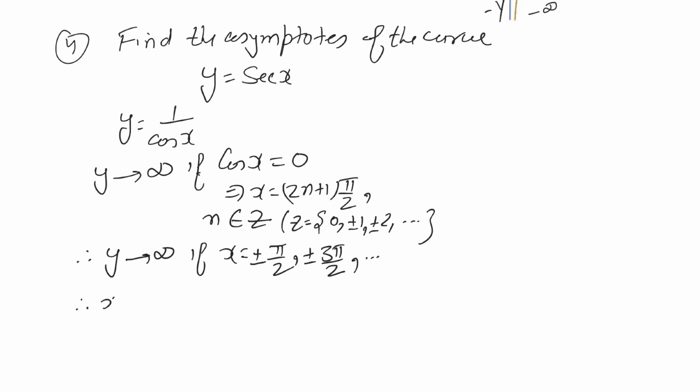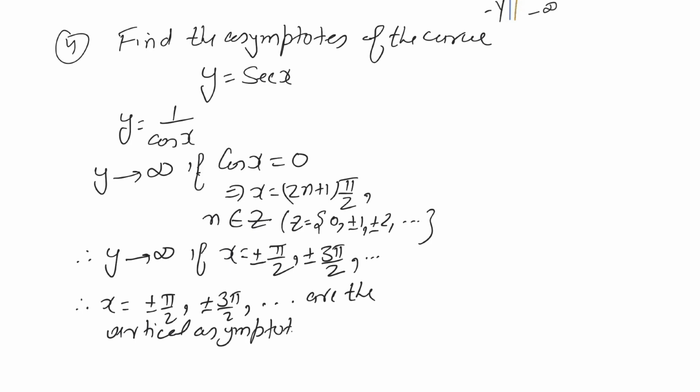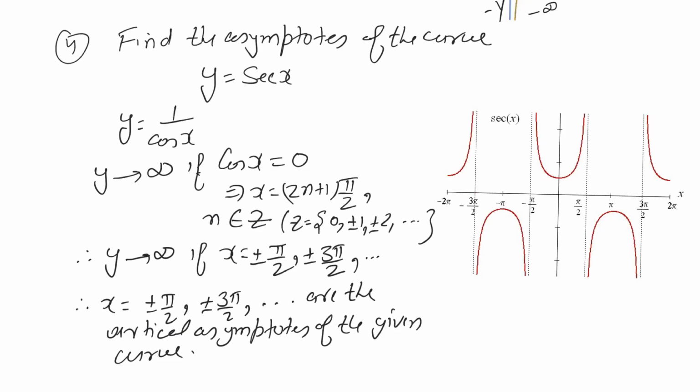Therefore x is equal to plus minus pi by 2, plus minus 3 pi by 2 are the vertical asymptotes of the given curve, and the figure of the curve is given by this one.